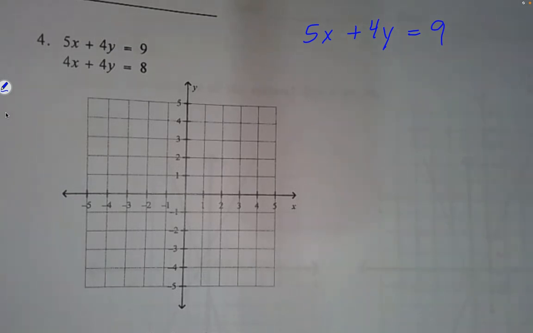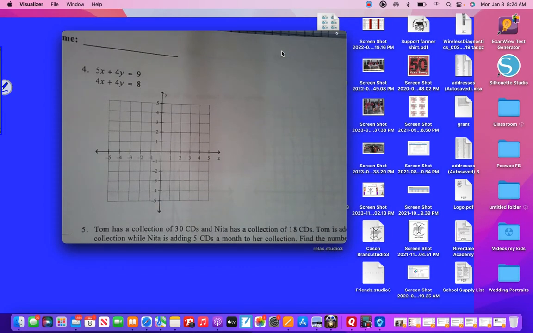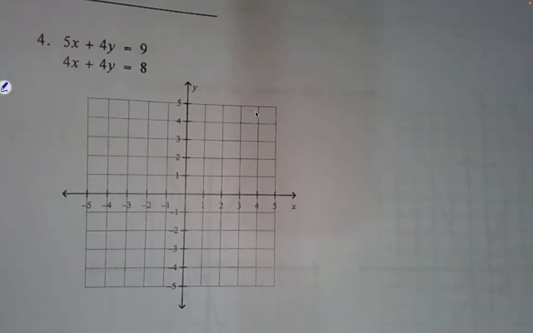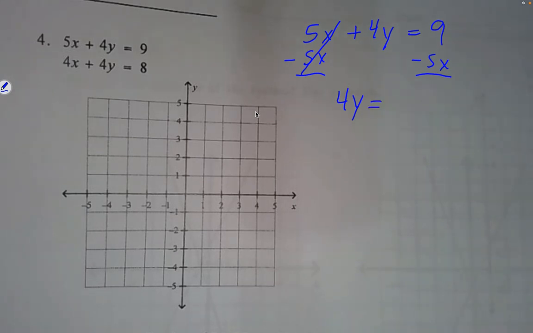So what's the first thing that I have to do? The 5x. It's positive, so what's it going to become? Negative. So, I'll write the step out. Some of y'all can skip this step, but basically, when you move it over, it becomes the opposite. So 4y equals negative 5x plus 9.